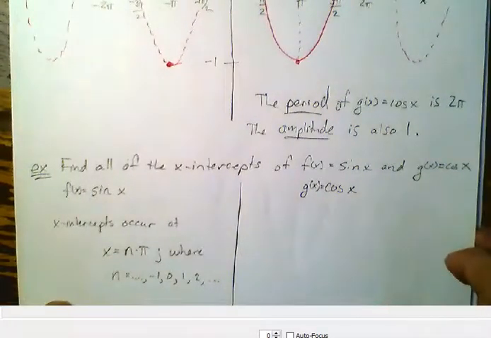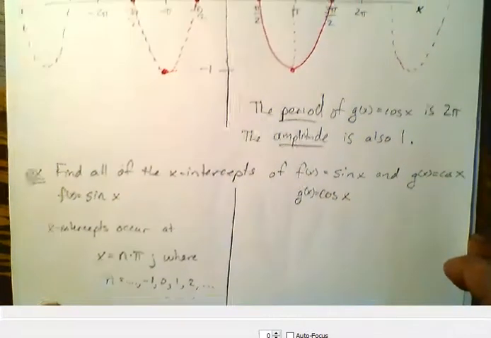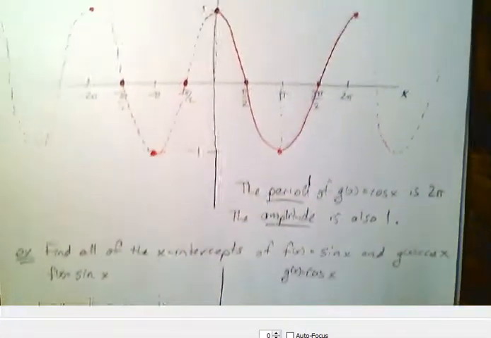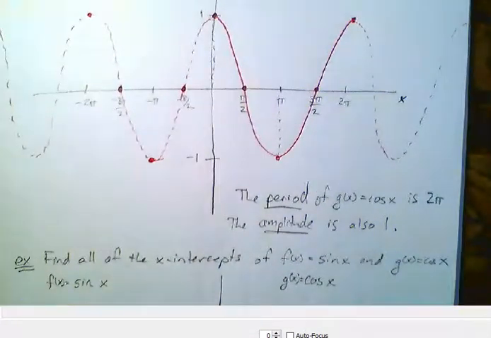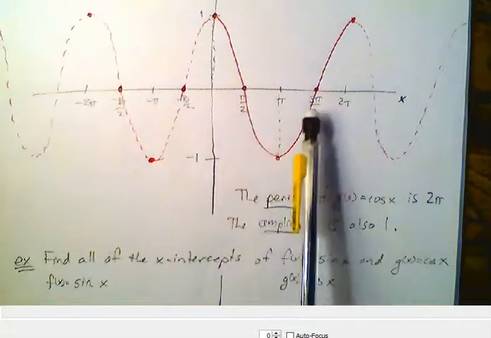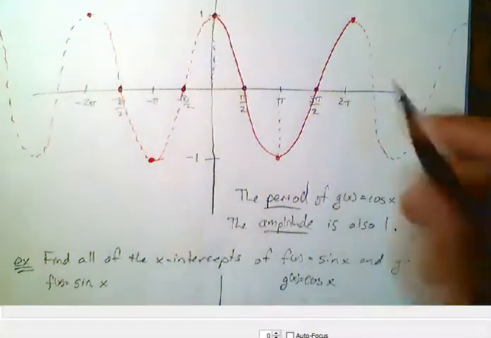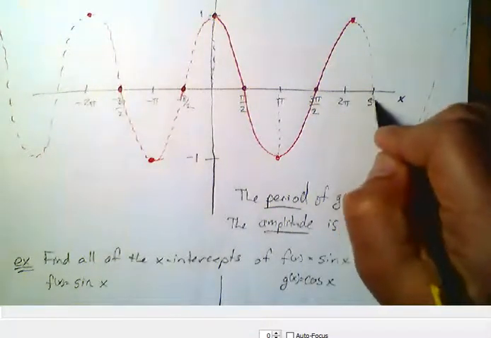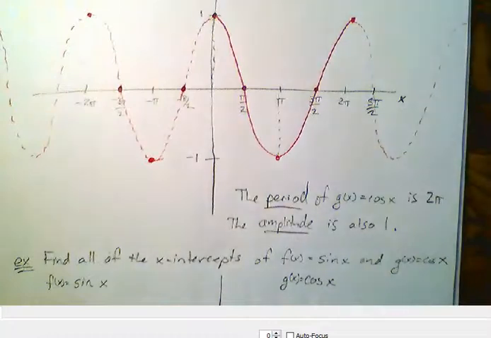Now, if we look at the x-intercepts for cosine, let's look back up here. Looks like they're happening at pi over 2, 3 pi over 2. This one would be 5 pi over 2, and so on.